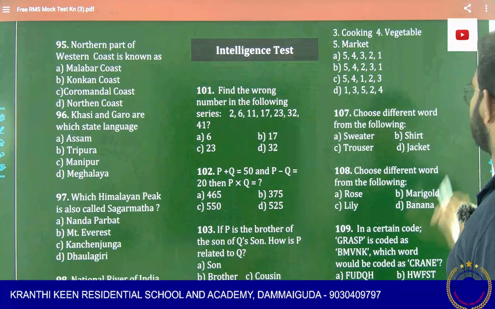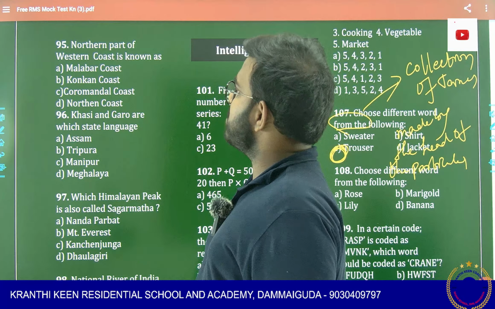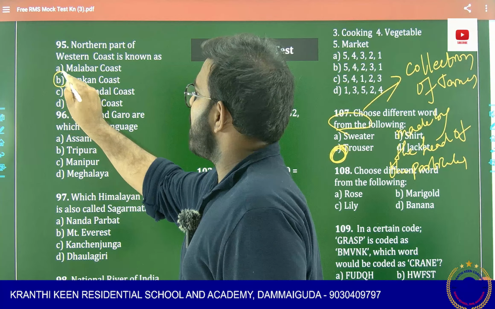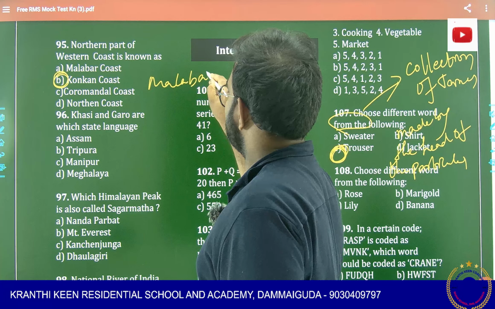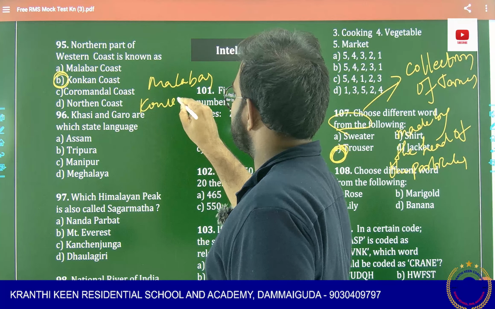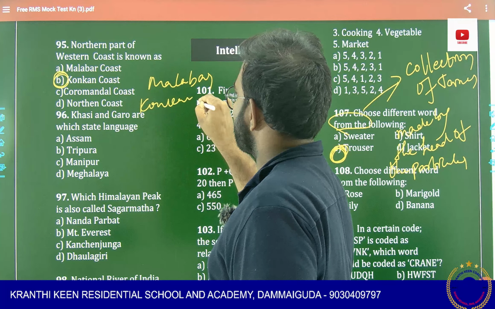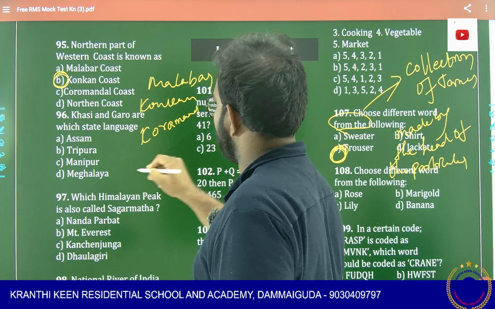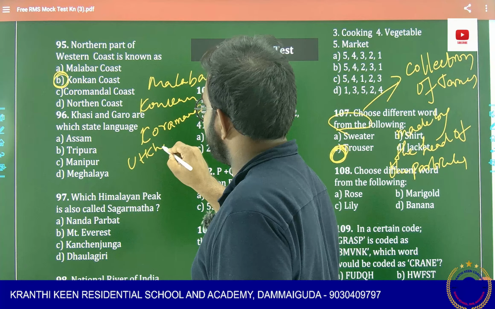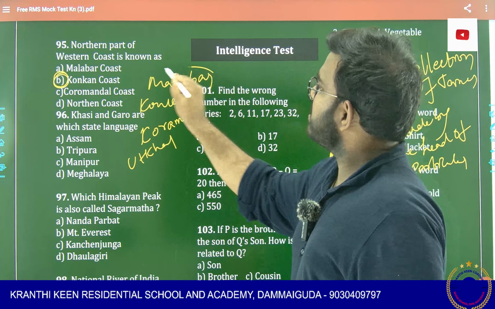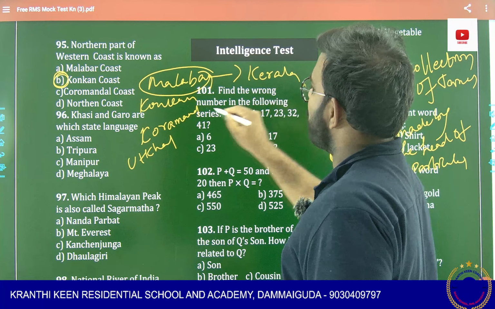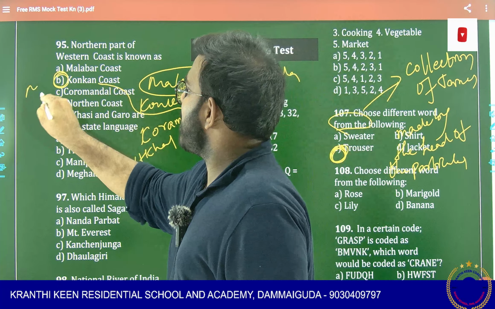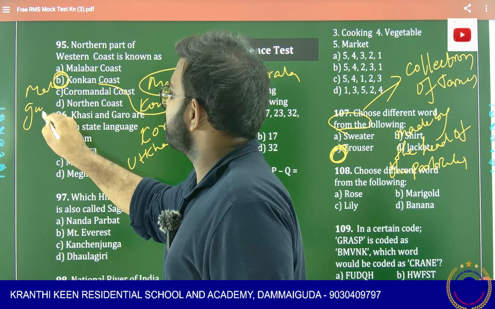Next, 95th question. The northern part of the western coast is known as the Konkan coast. Actually, we have the Malabar coast, Konkan, Coromandel, and Utkal. We have four coasts in India. The first coast is the Malabar coast, which is at Kerala. Konkan is at Maharashtra and Gujarat.